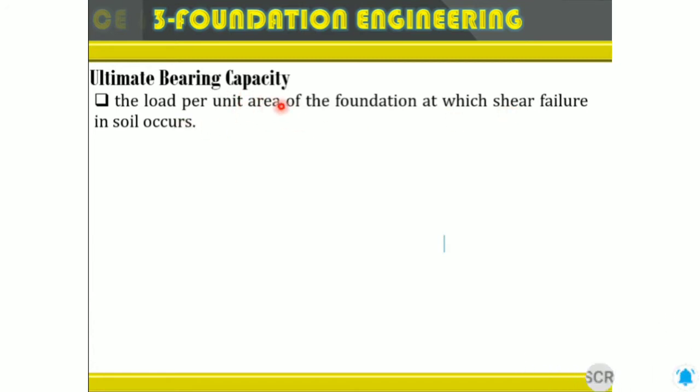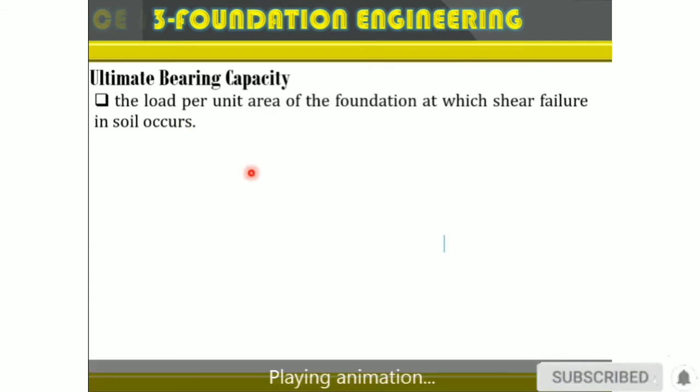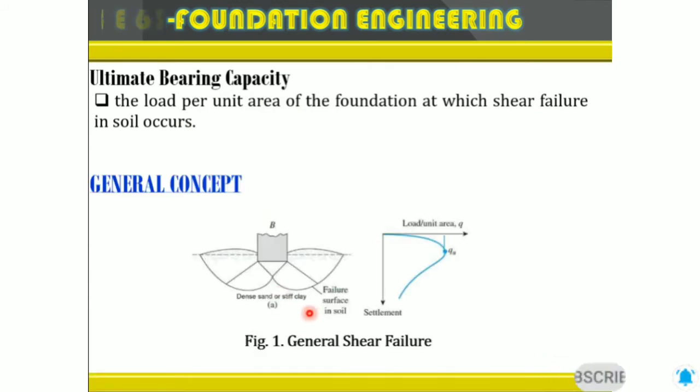Now we have this Figure 1, considering general shear failure as part of our general concept. As you can see here, we are going to consider a strip foundation with the width B, resting on the surface of a dense sand or stiff clay, which is cohesive soil.